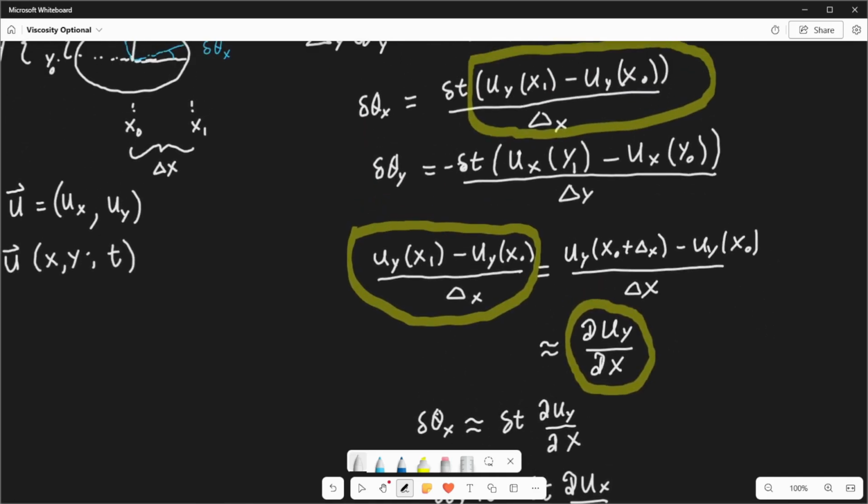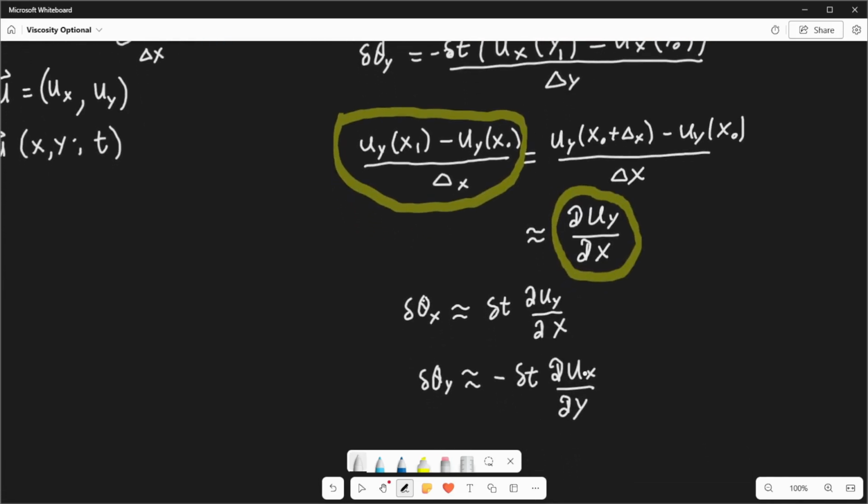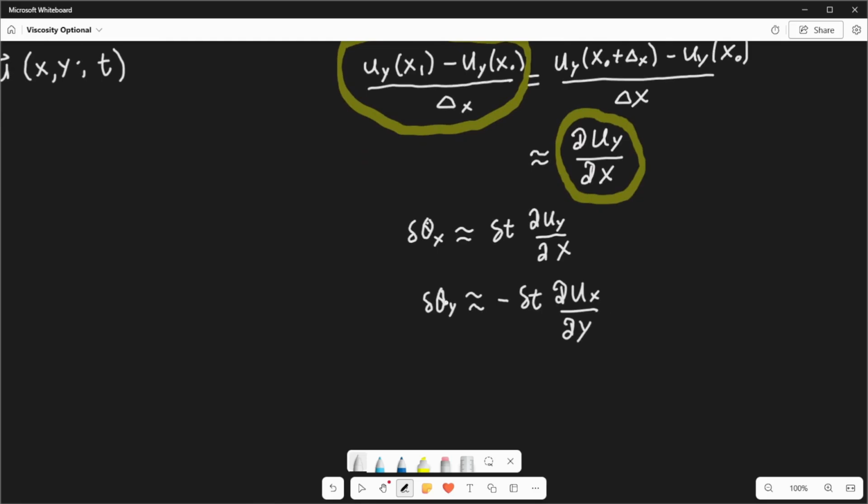Because this is the transition, this is the u x, that is of course y naught plus delta y. So this is the derivative with respect to u x. What's the derivative of u x with respect to y is what this part actually is. So that's what it comes out as.